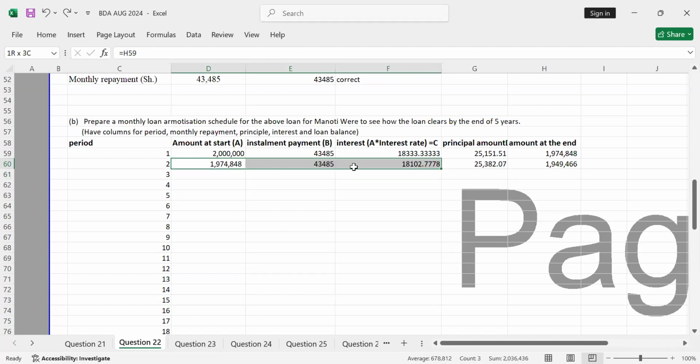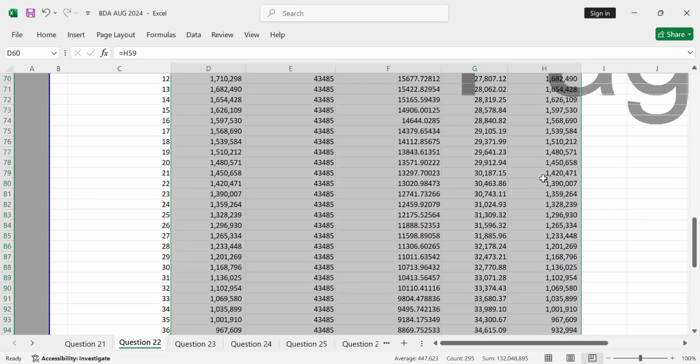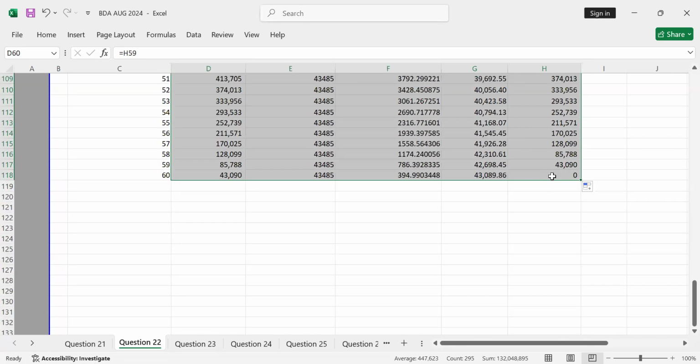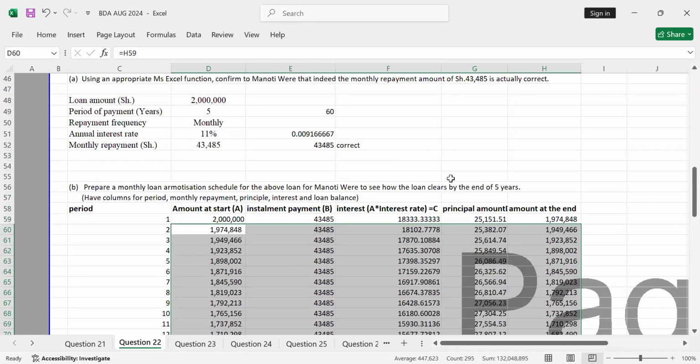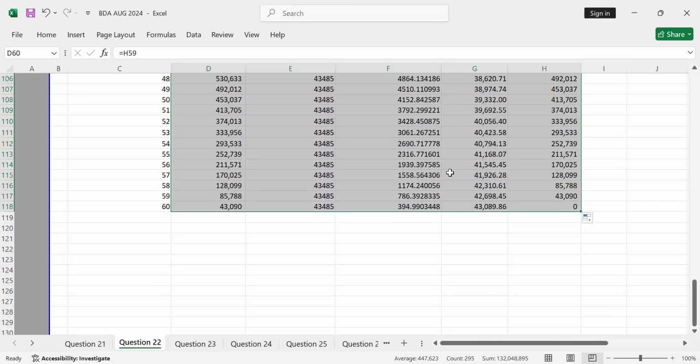Once you do that, you place your cursor at the far corner and double click. In that case, it will prepare the loan amortization automatically. So that is how we can prepare loan amortization.